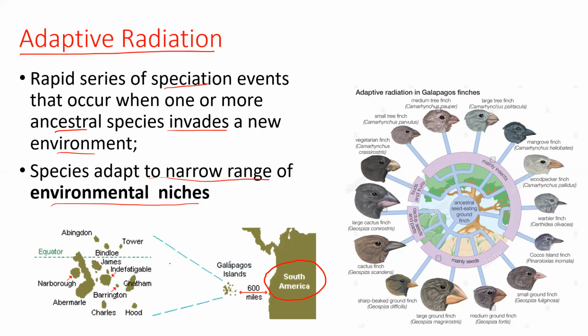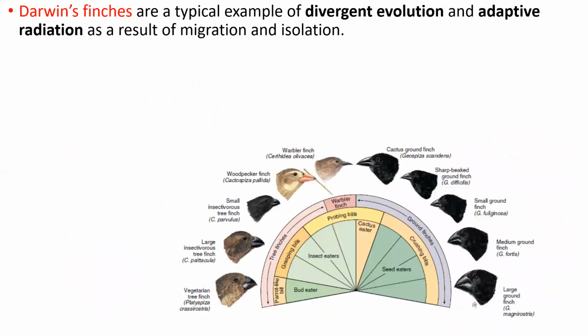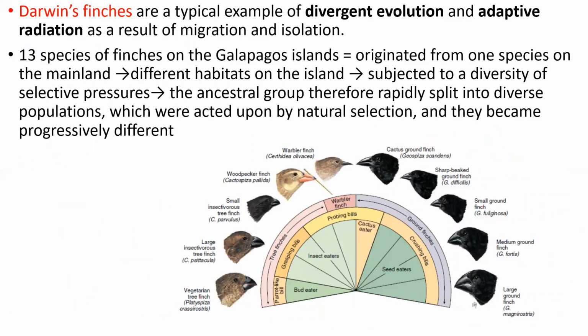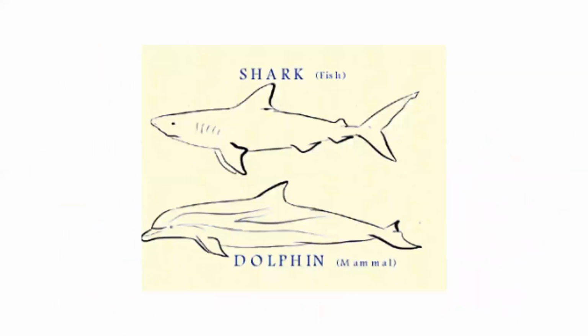Each one of these islands has slightly different selection pressures, those that favor seed eating, those that favor insect eating, and so on and so forth. They radiate out. That's divergent evolution.